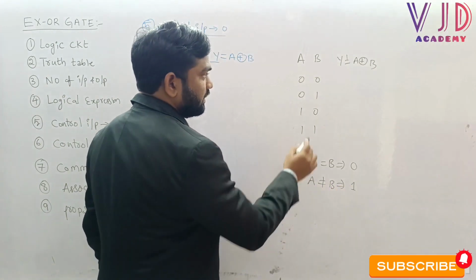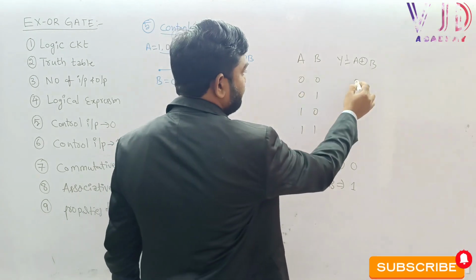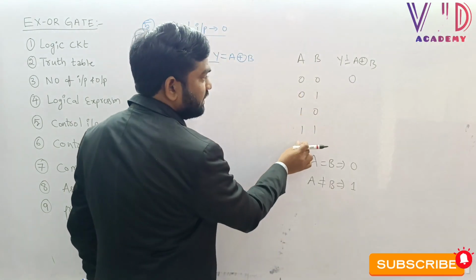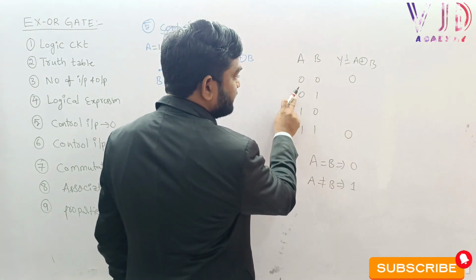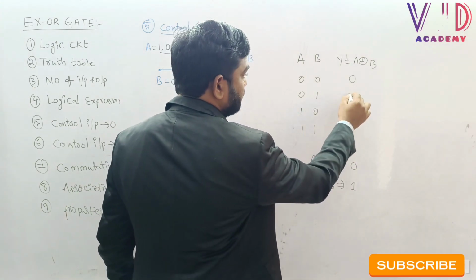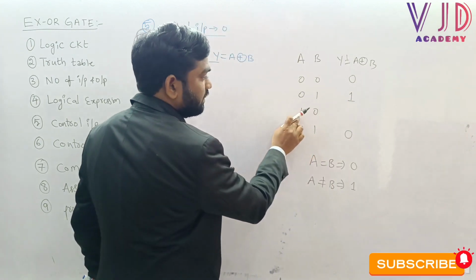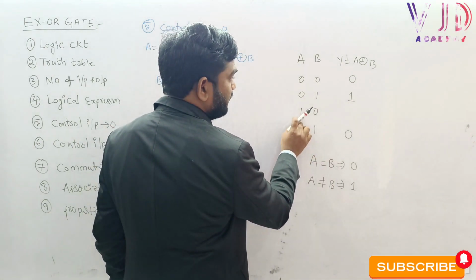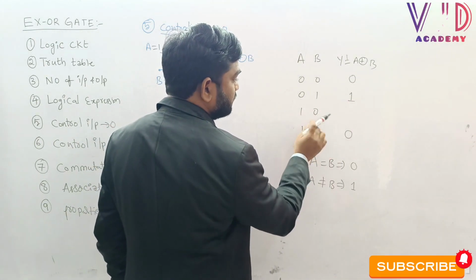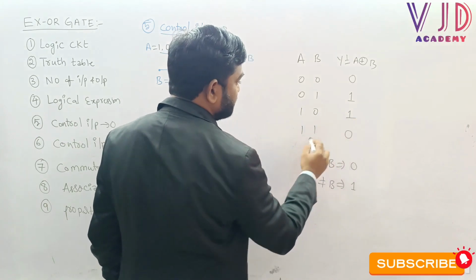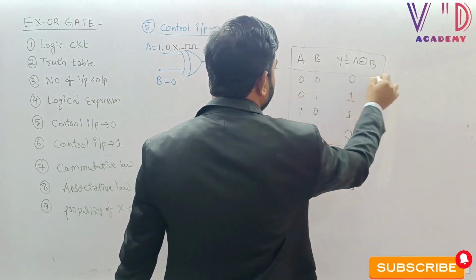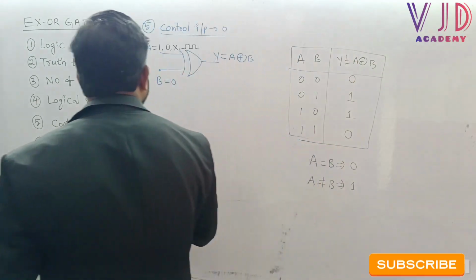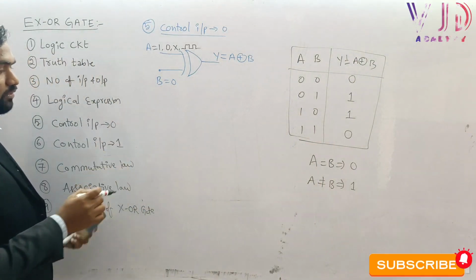So here A0, B0, which means output is 0. And then here A1, B1, output is 0. Here A0, B1, which means not equal, so output will be 1. And here A1, B0, so not equal, so I get output as 1. This is the simplified truth table. Based upon this simplified truth table, let us try to understand the control input 0 condition.